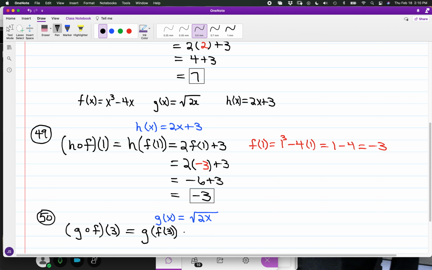And so for g of f of 3, we have the square root of 2 times f of 3.